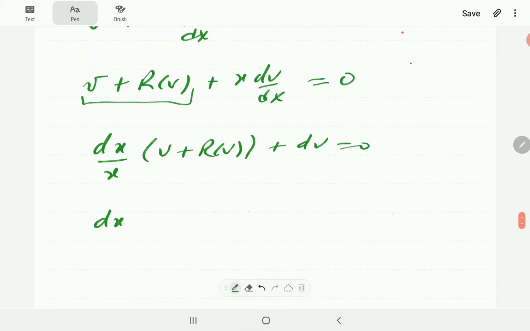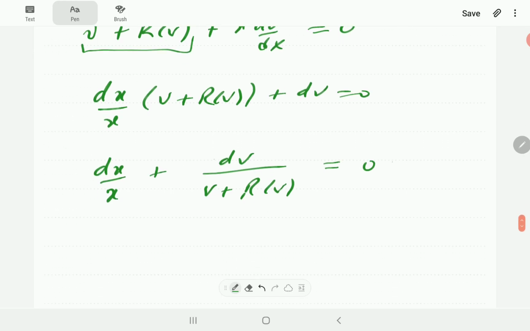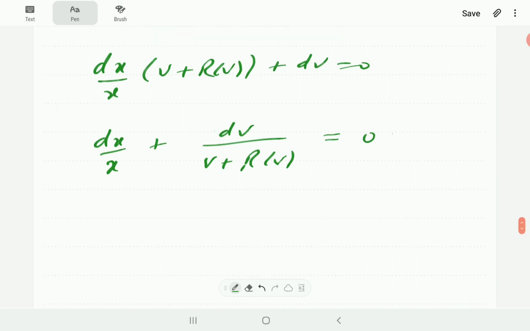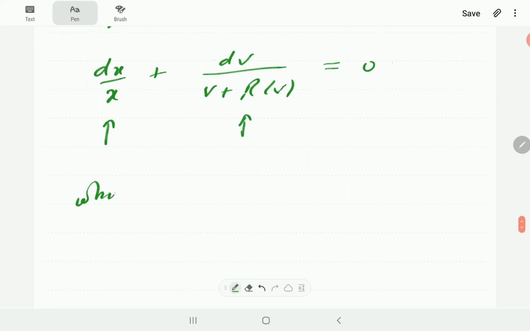Then after that, this is going to be dx over x plus dv, if I divide everything now by v plus r of v, and there we are. This is now of course separable, because this is a function of x only and this is a function of v only, which is separable.